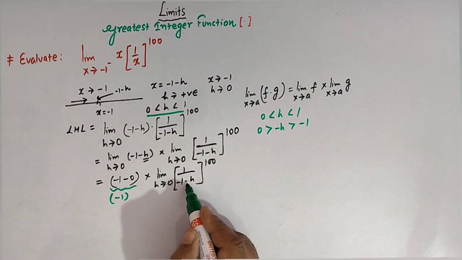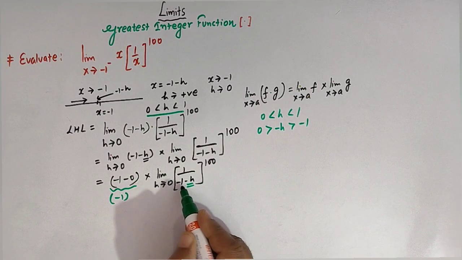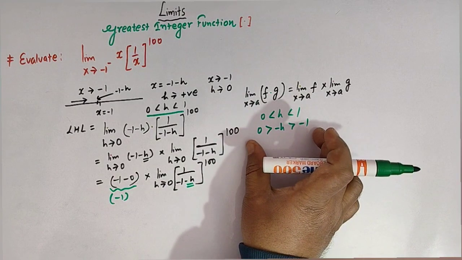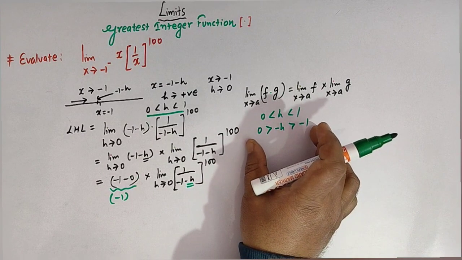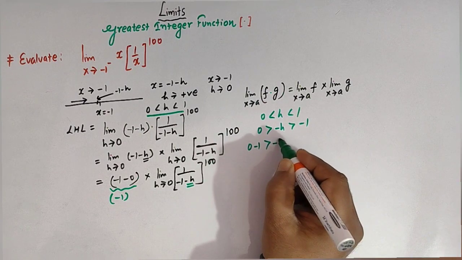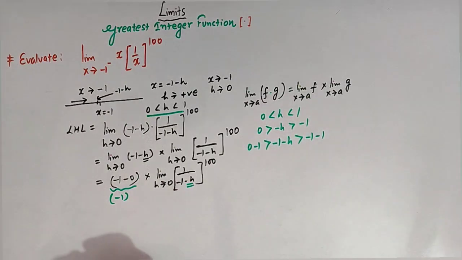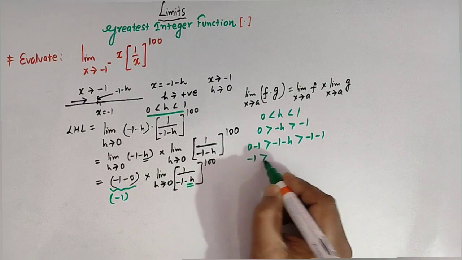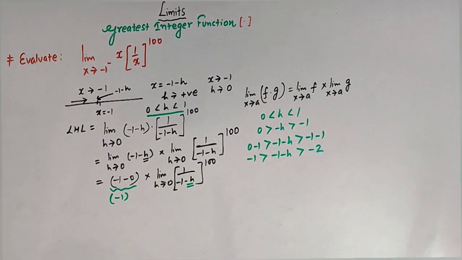Now we can add minus 1 throughout, so we get minus 1, minus 1 minus h, and minus 2.